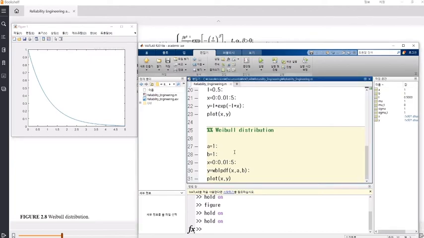Alpha is a scale parameter, beta is the shape parameter. So let's see why beta is called a shape parameter.